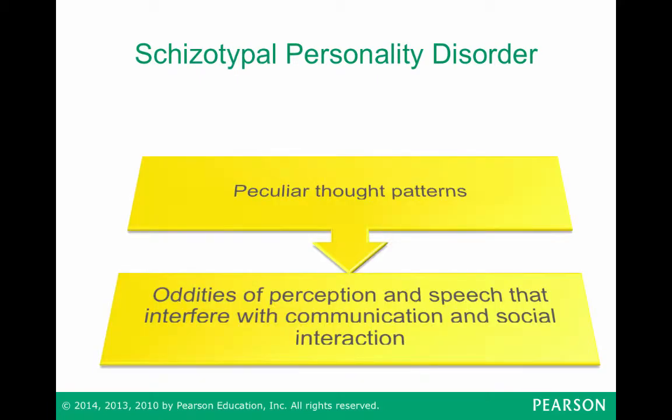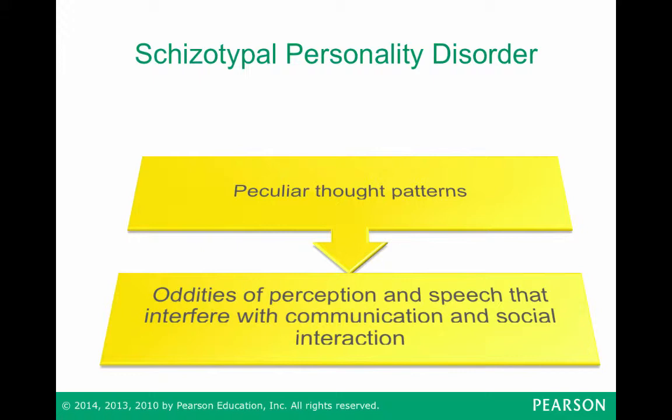Then we have schizotypal personality disorder. Now, these people also have an introverted personality. They have pervasive social and interpersonal deficits. But in addition to this, they have some peculiar thought patterns, and they've got some oddities and are a little eccentric in their communication and their behavior.